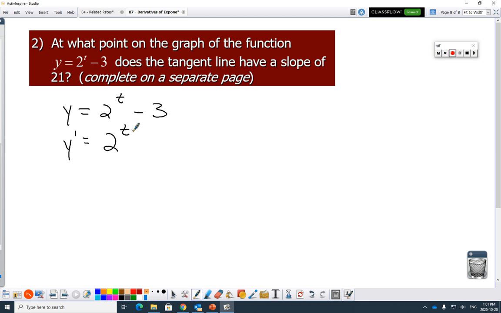So you could write it, and I see it all the time once we've done chain rule, people writing these 1s everywhere, and it's not wrong. It's just we could neglect that. But when the base isn't e, what do we need here? Ln 2. So that whole lesson is: derivative of e to the x is e to the x if the base is e. For things that aren't e as the base, you've got to multiply by ln of the base. That's it. But in this case, we want slope 21.